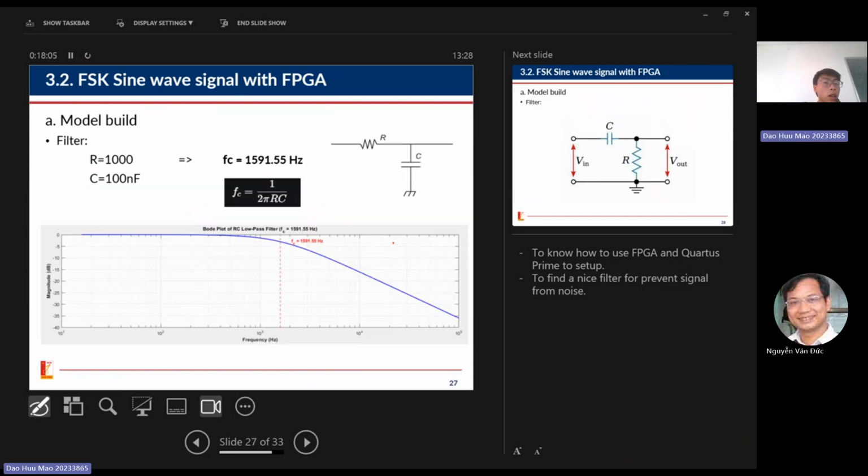To build the low pass filter and high pass filter in the real world, we can use an RC circuit to define that, the low pass filter.